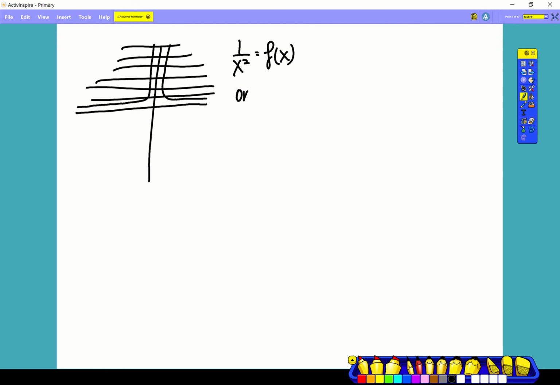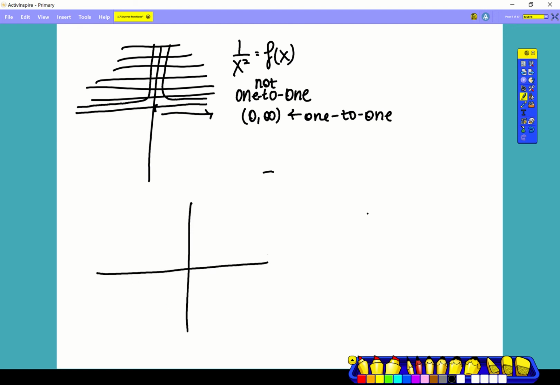So while this one is not one-to-one on its entire domain, it is one-to-one, not including 0, remember, because we can't include 0, all the way to infinity. So it is one-to-one from 0 to infinity. This is not one-to-one, and this is one-to-one. So now let's have a look at a cube root.